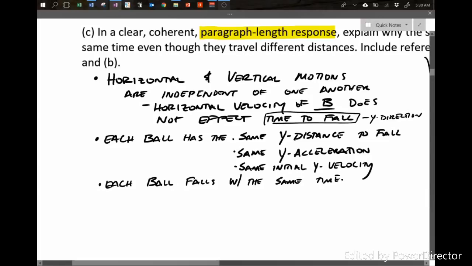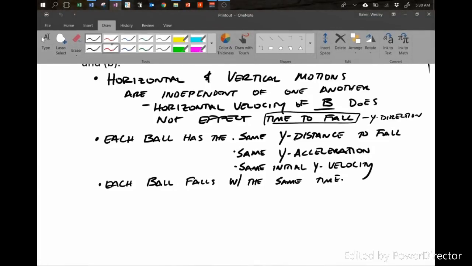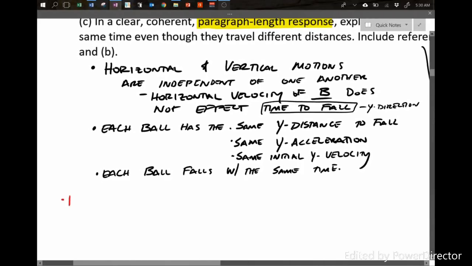So it's very important on these paragraph length responses to think that if something is constant, say so specifically.